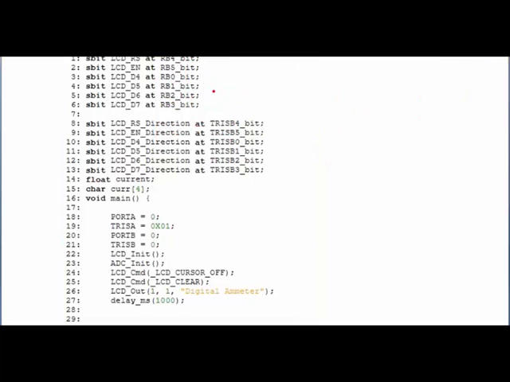So this is the programming part of the digital DC ammeter.